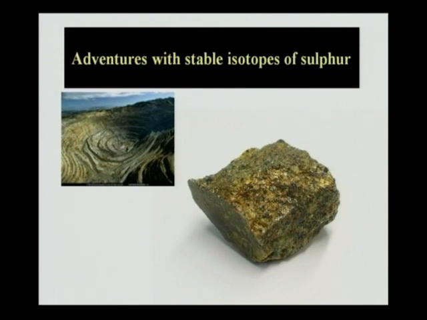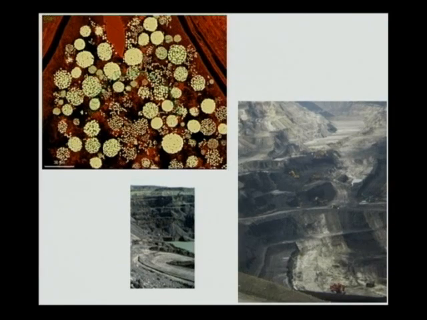Sulfur occurs in nature in various forms. A big reservoir is sulfides, some of them economic, big mines of various metal sulfides, or in diagenetic form like these beautiful rhomboids in coal, very typical of early diagenetic pyrite, or sometimes other minerals as well.